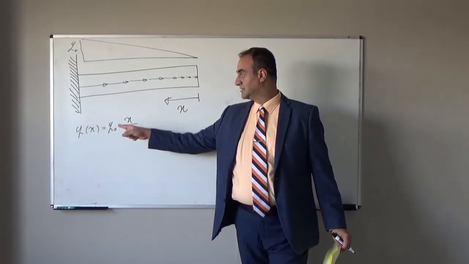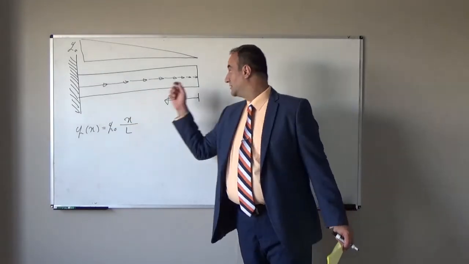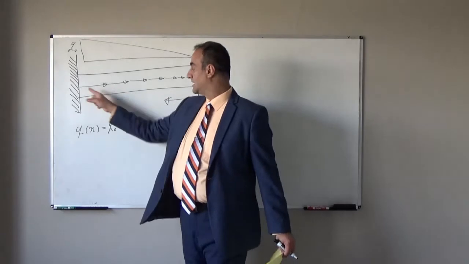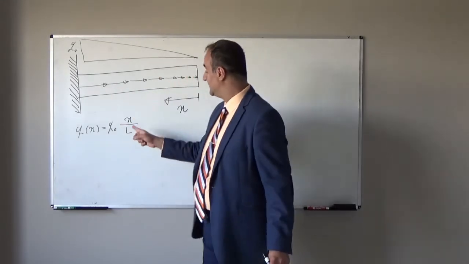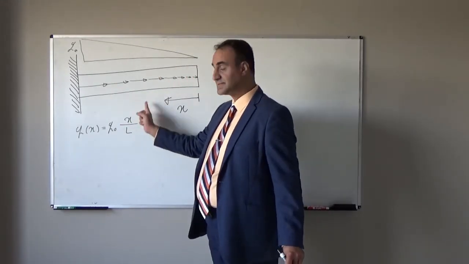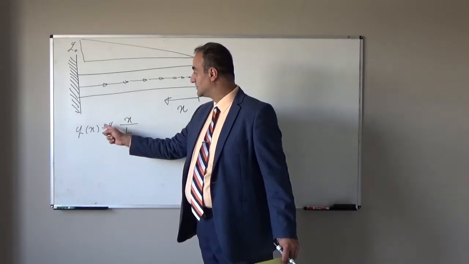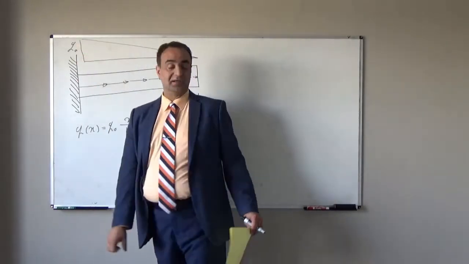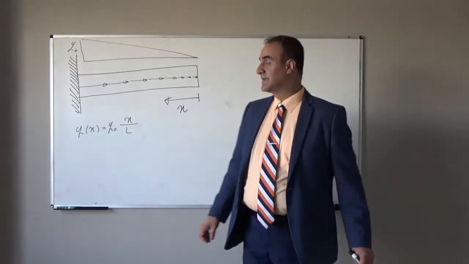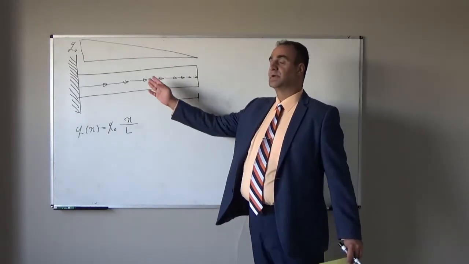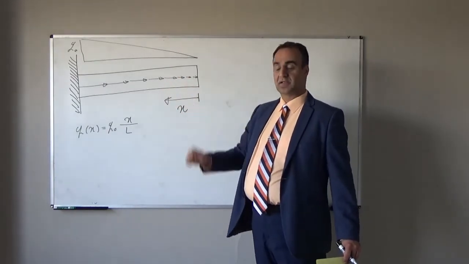If I plug 0, external load here is 0. At support, x is equal to L. If I put L instead of x, L and L, they will cancel each other, and the external load will be Q naught. What is the deformation of this rod under this non-uniform axial load?